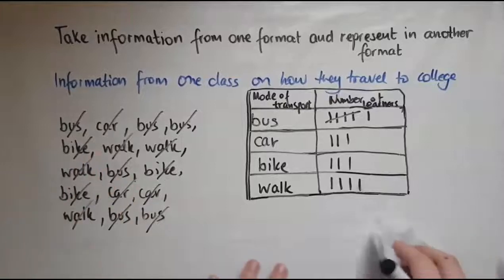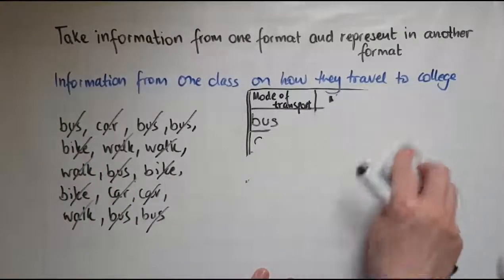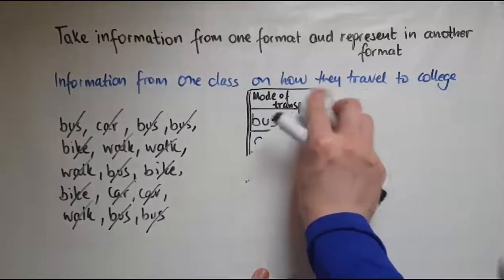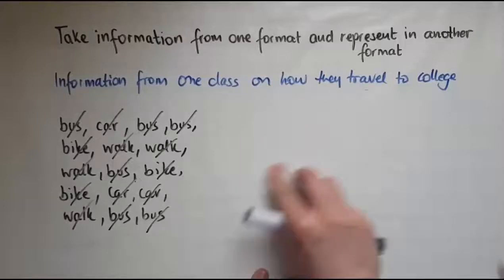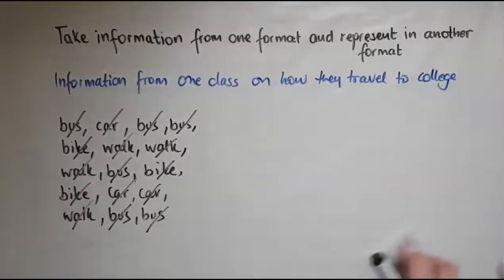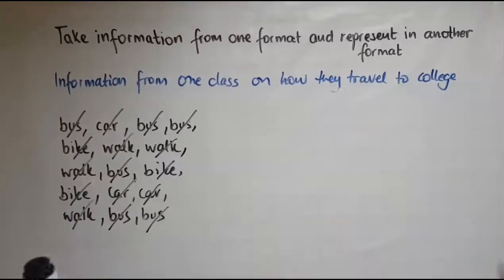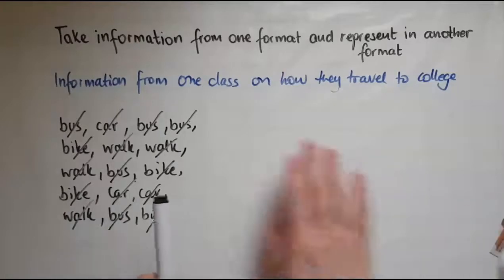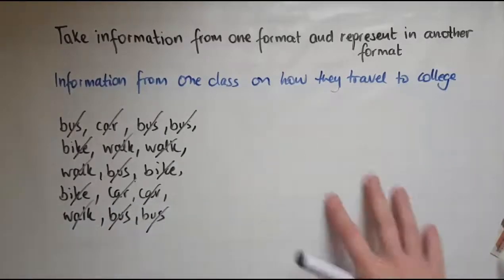Now I'll try and show the same information in a bar chart. So I will draw bars to represent how many learners take the bus or walk, cycle, and so on.